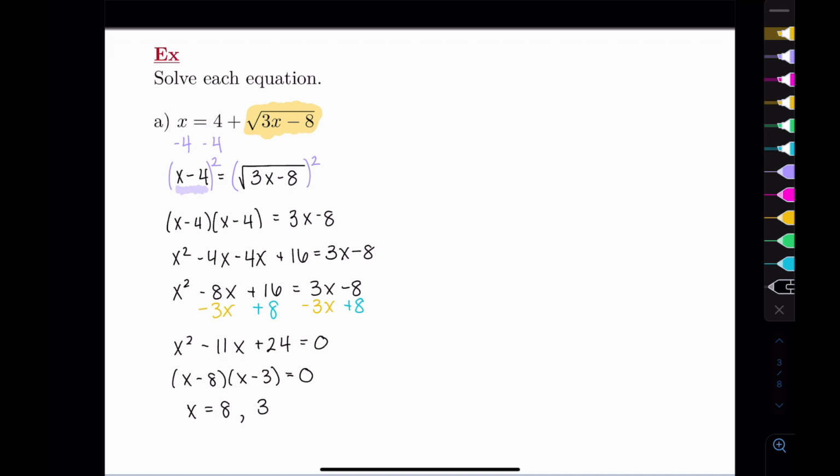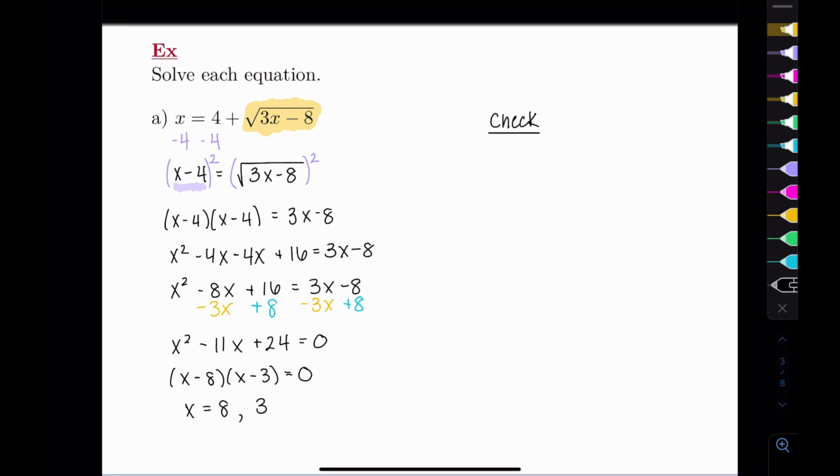Okay? So from here, it seems like we would be done because we have two solutions. But again, we need to check these answers. So I need to plug both of these back into my original equation. Always has to be the original when we're checking a solution. So we'll start by plugging in x equals 8.